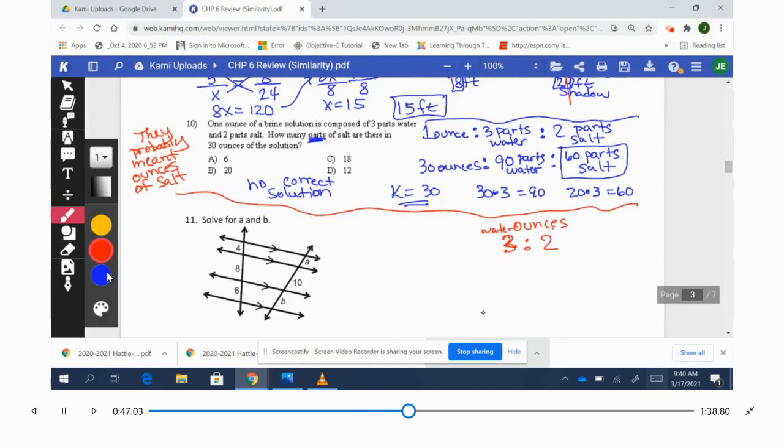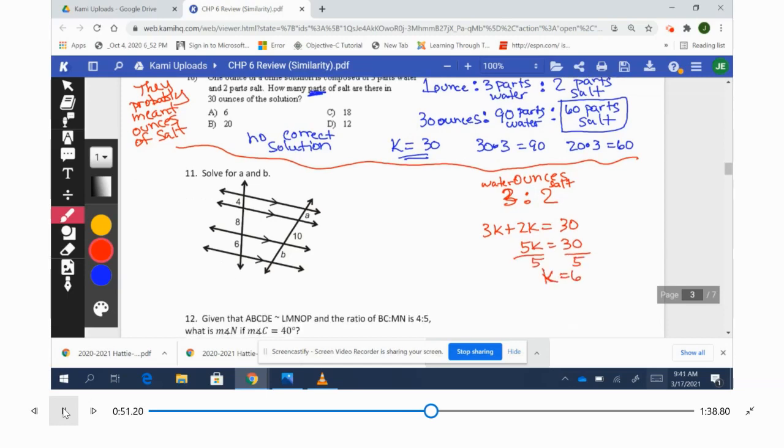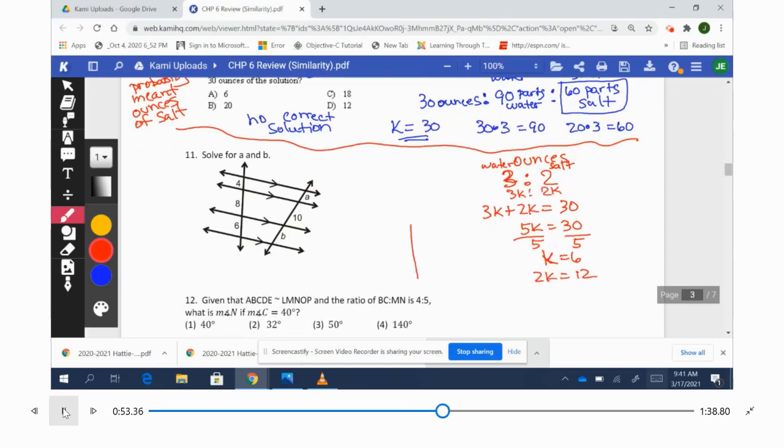So I would probably do this as a scale factor, 3K to 2K is 30. So then I find out that K is 6. So then the 2K represented the salt. That's 12 ounces. 3K represented the water, which would have been 18 ounces. So I think that's what they really meant there, based on the choices.